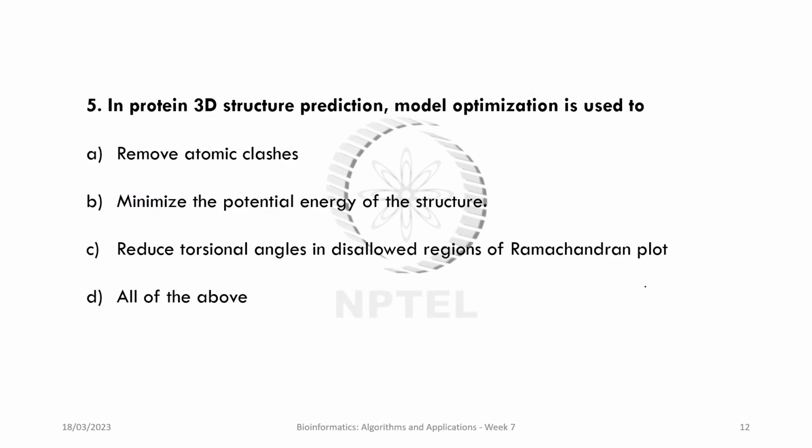Question 5. In protein 3D structure prediction, model optimization is used to: option A, remove atomic clashes; B, minimize the potential energy of the structure; C, reduce torsional angles in disallowed regions of the Ramachandran plot; and D, all of the above.